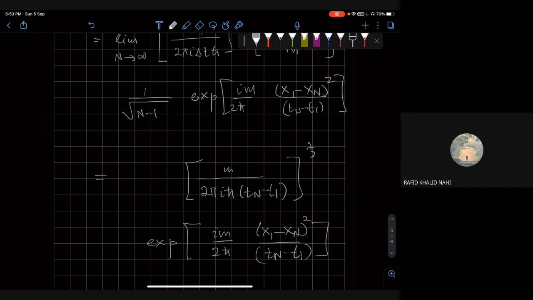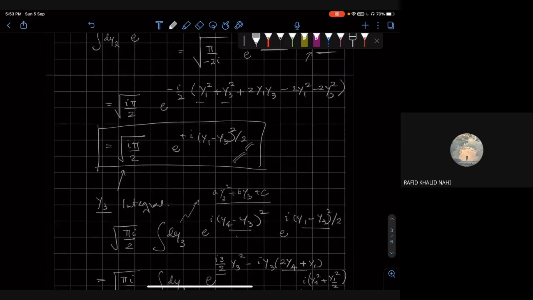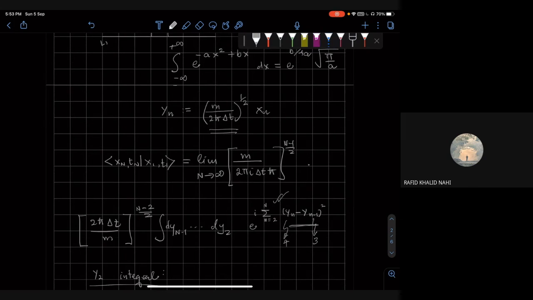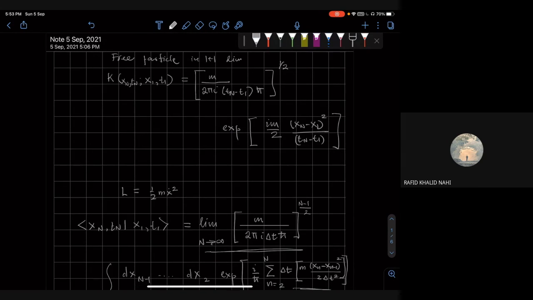And is this the expression that we were looking for? Yeah, I think so. I think I forgot the h bar when I wrote it back there. There should be an h bar here.